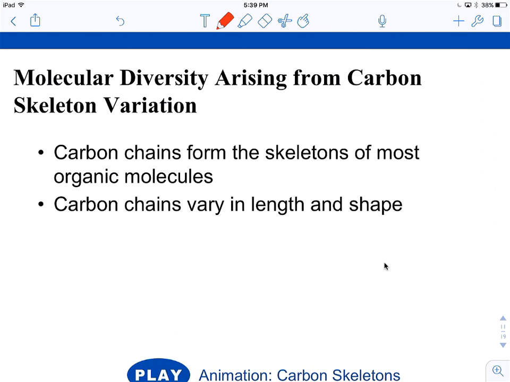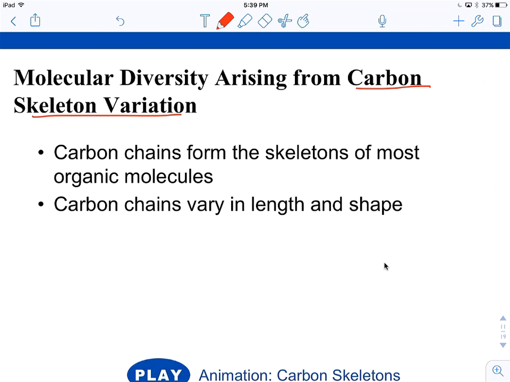Okay, so now how do we get all of this incredible variety of organic molecules? We look at the carbon skeleton. So how the carbons are bonded to each other in an organic compound, okay?